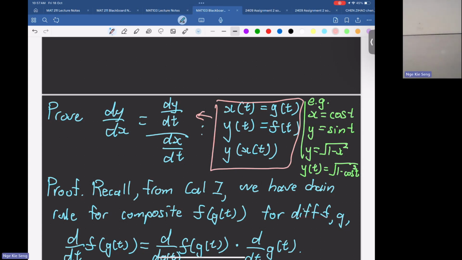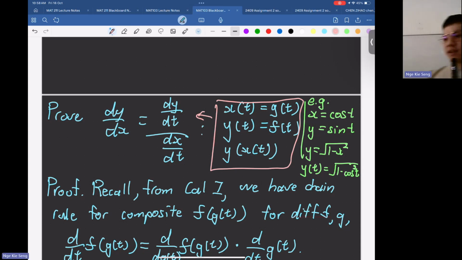This formula here is actually very cool. If you differentiate with respect to t on both coordinates and then take the quotient, it gives you a slope inside your plane. You do two operations on one-variable functions, but after you take the quotient, it becomes a gradient on a two-dimensional space.